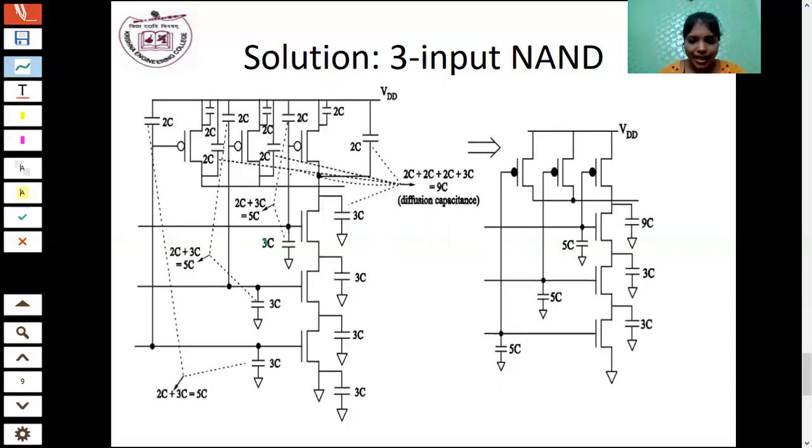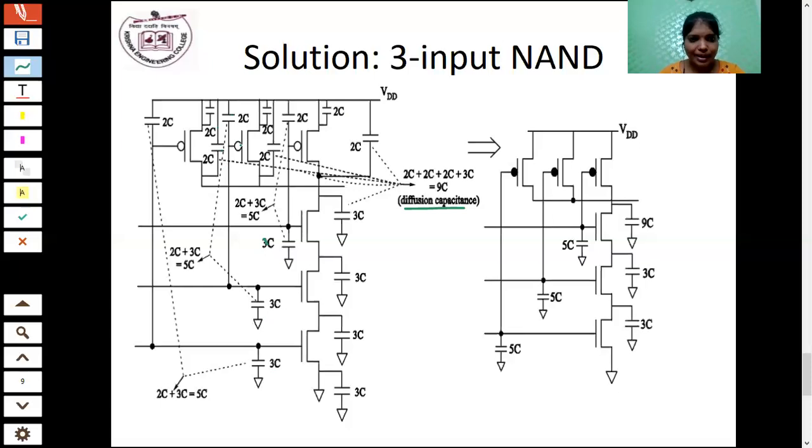So here what actually I am going to do, I am going to find the diffusion capacitance. So the diffusion capacitances are at the drain terminal. Okay, you just add all the diffusion capacitance values that are connected in parallel.